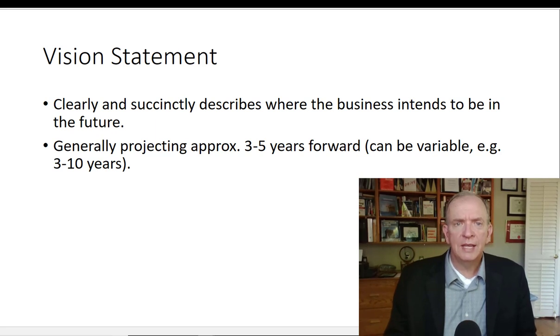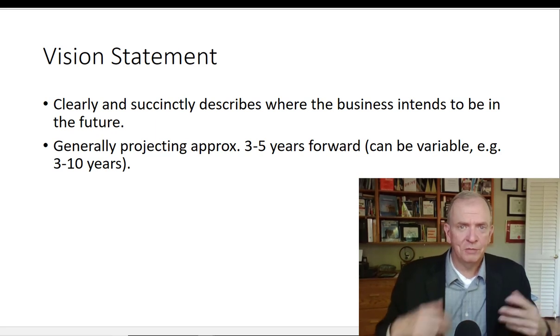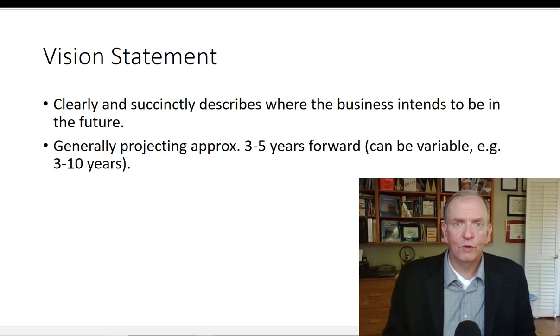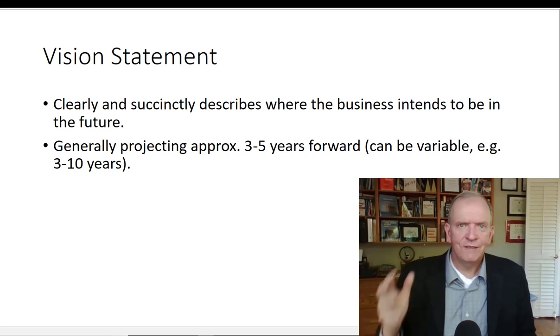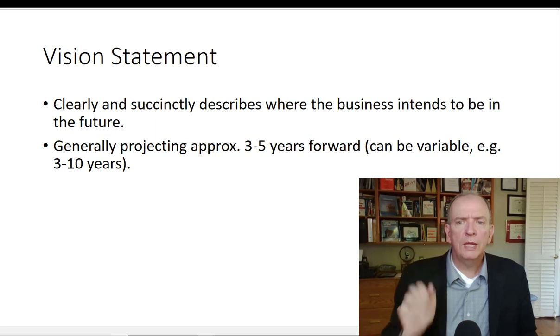In some markets, it can change much more rapidly just because it changes so rapid. But in the construction market, probably 3 to 5 years is a reasonable time frame. But even the construction market has been changing faster and faster with building information modeling and other advances that we've been making. So you're forward looking and you're thinking about, where do you see this business in the future?